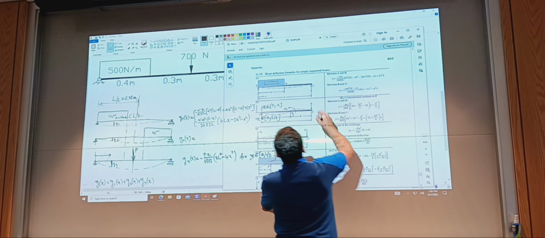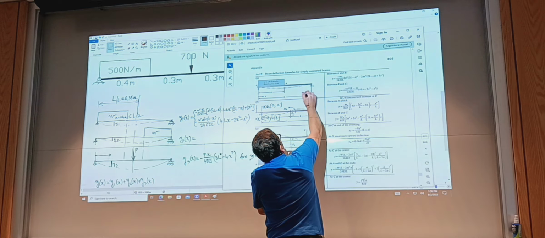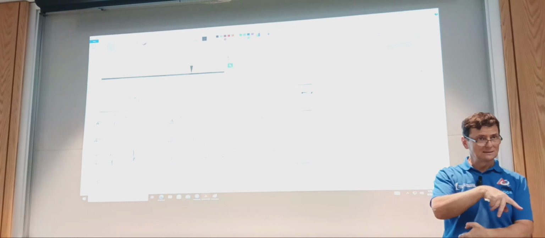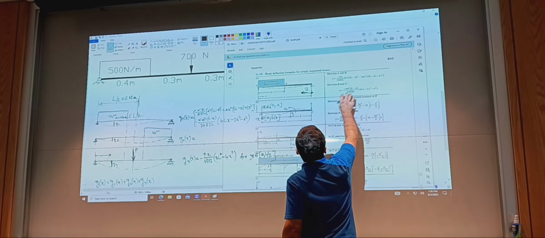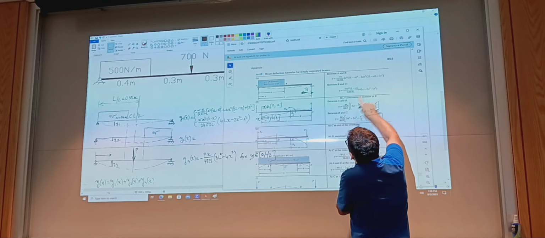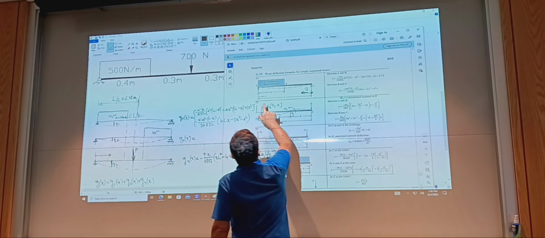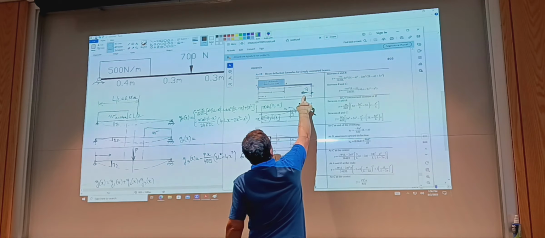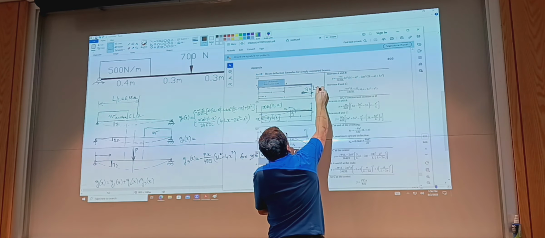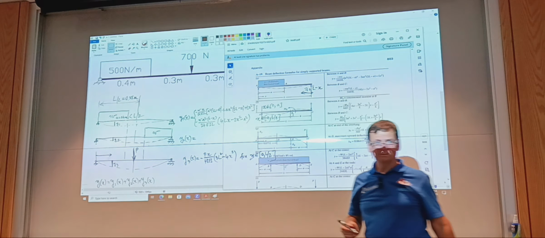Some of these figures introduce a variable like a mirror x. So how do we mirror this equation? Essentially, we need to change the variable. What is this equal to? It's L minus x. Is that correct?